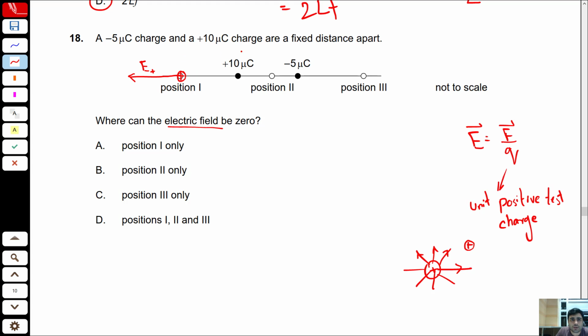And positive and negative attract each other, so since this is a vector quantity, there must also be an electric field strength at this position due to the negative charge, because the negative charge attracts the unit test charge, whereas the positive charge repels it.